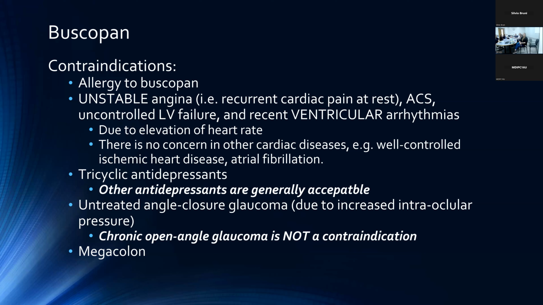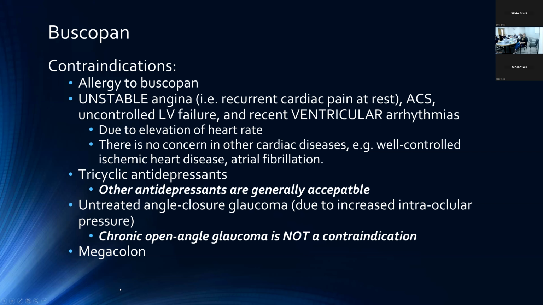Other contraindications that I would consider absolute, it's usually angle closure glaucoma, and that's untreated angle closure glaucoma, mainly because of an effect of buscopan on intraocular pressure. In terms of glaucoma, really chronic open angle glaucoma is not considered a contraindication for buscopan use, but because patients often do not know specifically what type of glaucoma they've been diagnosed with, unless they're really certain of this, I generally will just avoid in those cases.